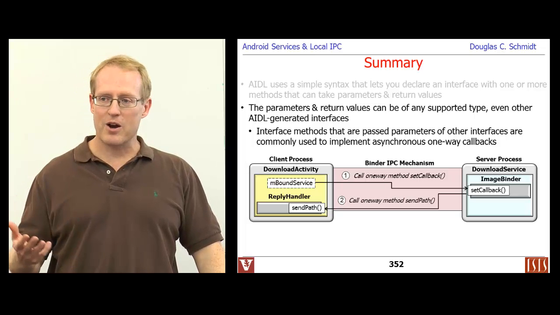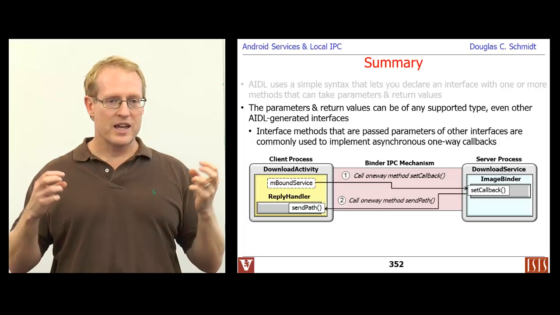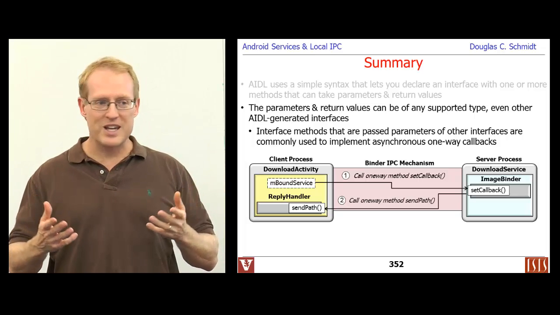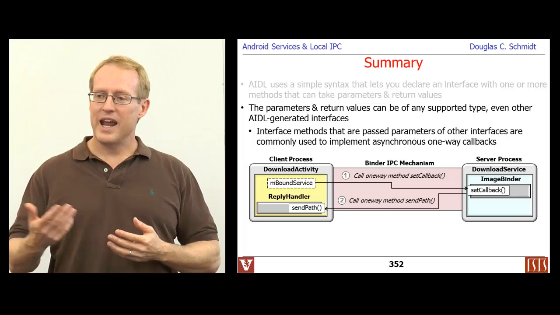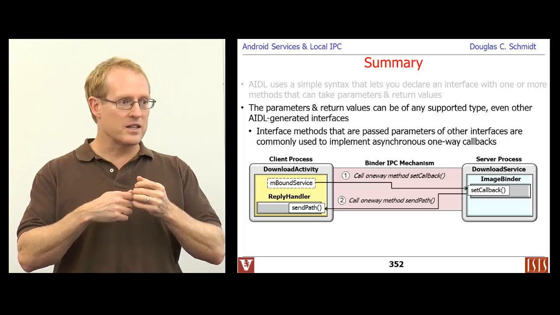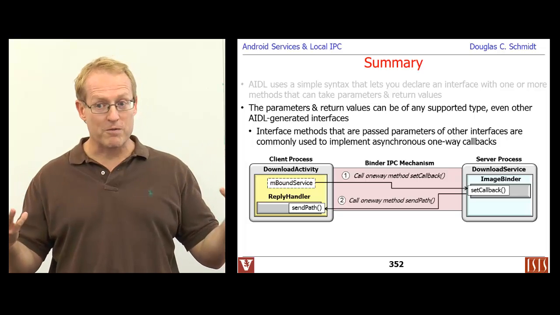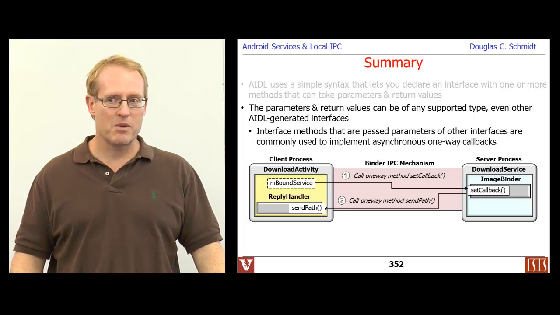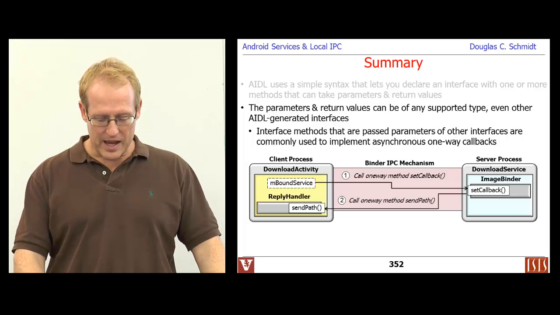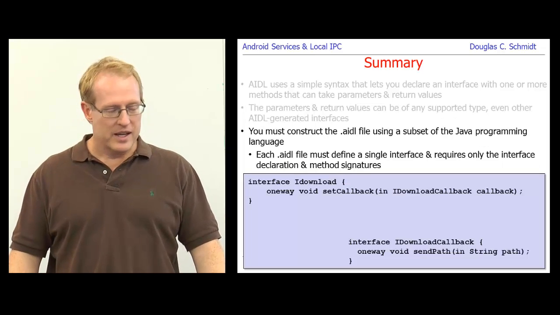And this gives you the very powerful ability to pass objects using factories or other Gang of Four style patterns, and the receivers, when they get those interfaces, can then make method calls on them. So you can essentially pass remote object references around and access them from other processes in other parts of the system. And we'll see a bunch of examples of how that works.